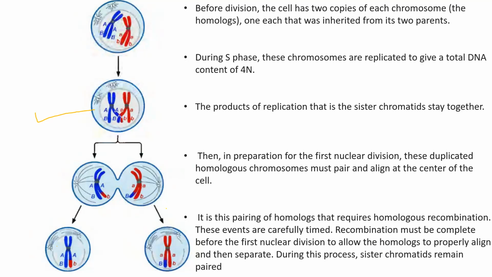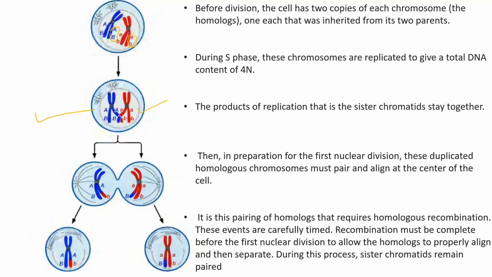During this process, sister chromatids remain paired. You can see here the sister chromatids are paired. The red is pairing with red and the blue chromosome is pairing with blue. The sister chromatids are paired, but due to the recombination, you can see the blue chromosome had capital A and capital B alleles, whereas the red chromosome had small a and small b alleles.